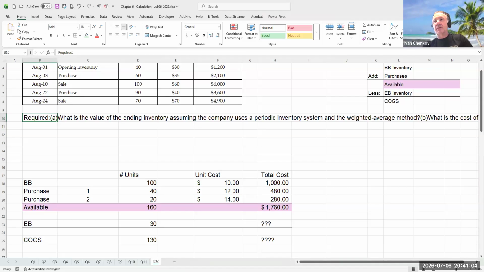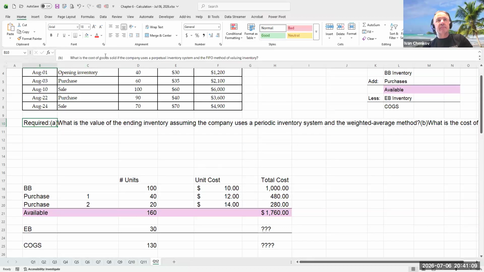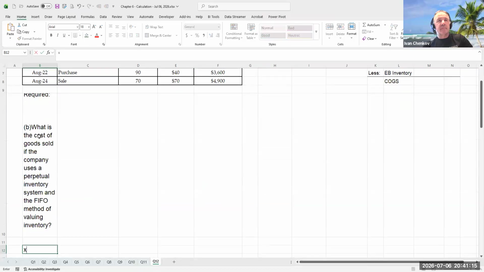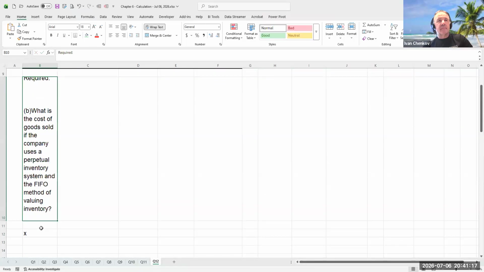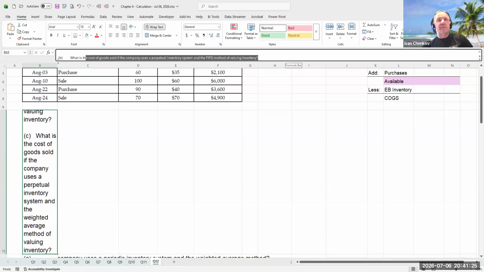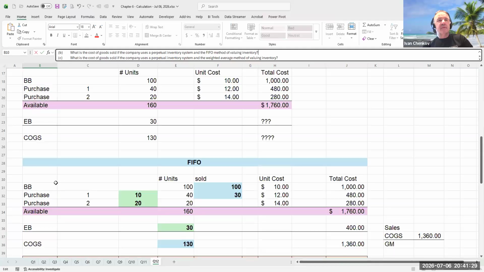Let me do some formatting here in the Excel. Just give me a second. Once I copy and paste this one, I can get rid of this formatting.